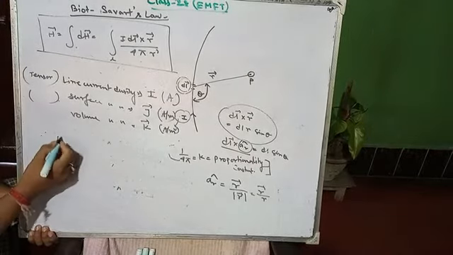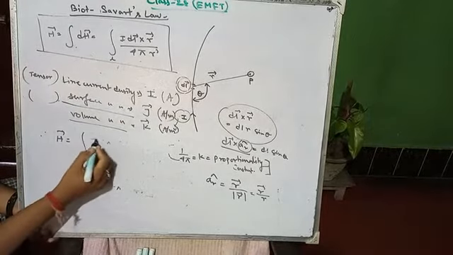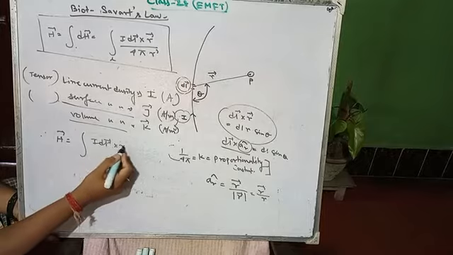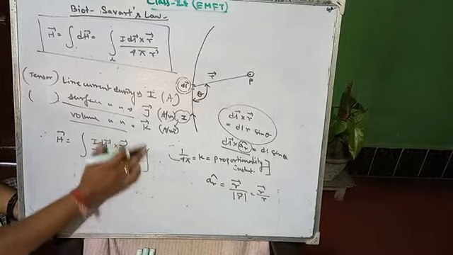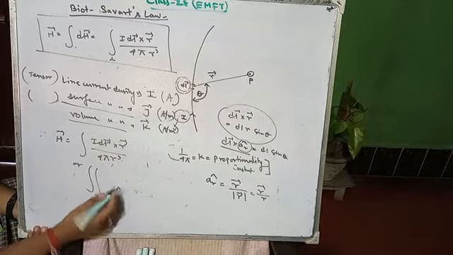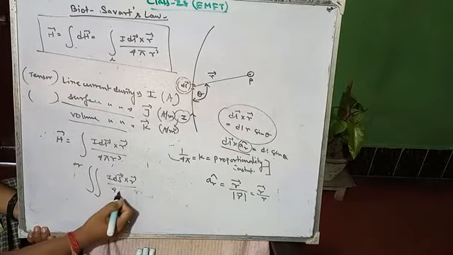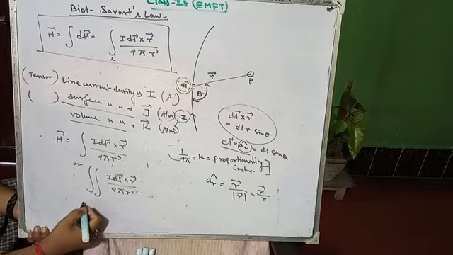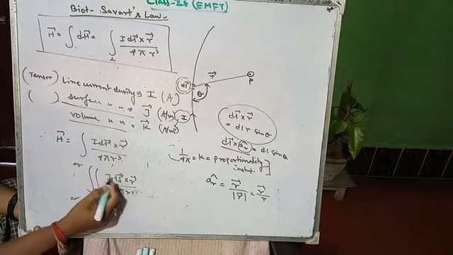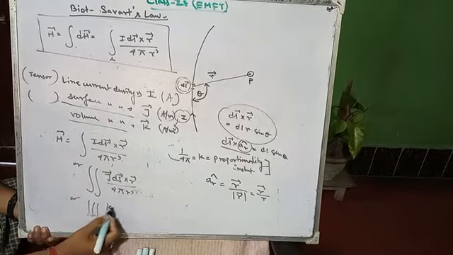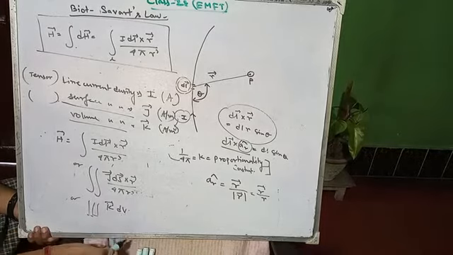Therefore H can be written in terms of the surface current density and volume current density. It is I dl cross r vector by 4 pi r cube, which can be written as a surface integration of K ds cross r vector divided by 4 pi r cube, or as a triple integration of J dV. J is a vector quantity, but dV, volume, is a scalar quantity.